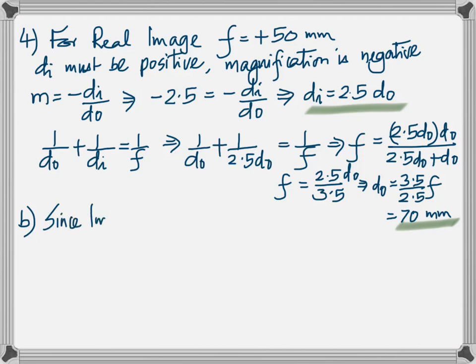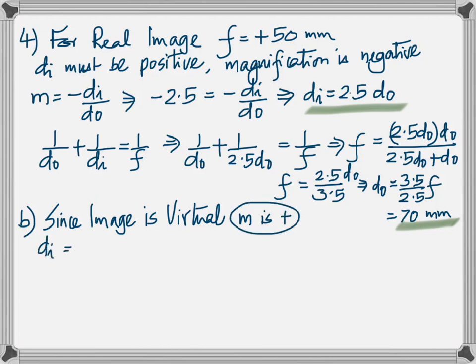Now for the B part, the image is virtual, so that means di is negative, magnification is positive. So now, going back over the whole process like before, you get di is negative 2.5 do.